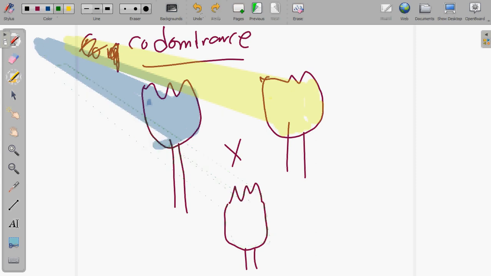So what would happen is this flower might have some yellow patches on it, right? And then it might also have some blue patches on it, right? So that's codominance. Both colors show up in the offspring. Neither one dominates over the other. They are dominant together, okay?